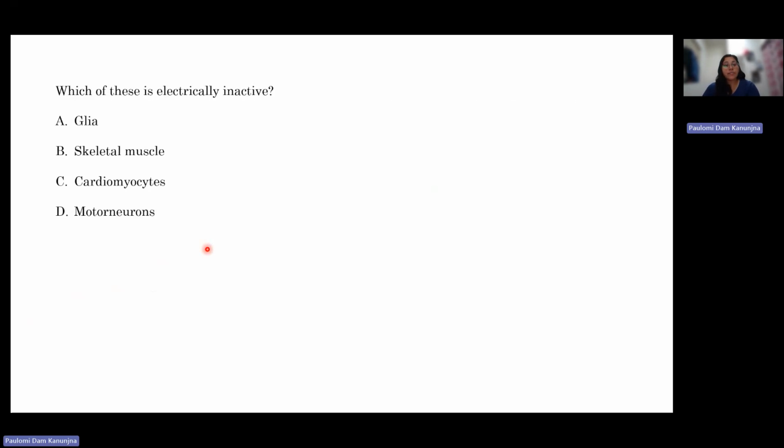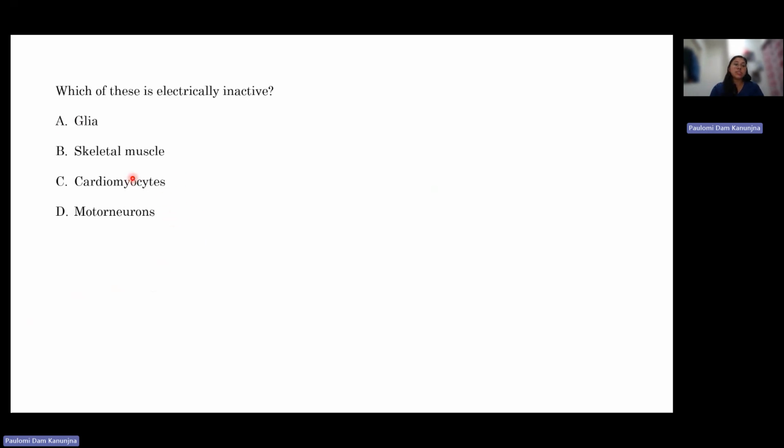Now, which of these cells are electrically inactive, meaning these cells are not responsible for generating action potentials? Very simple, because everything so far we have discussed.